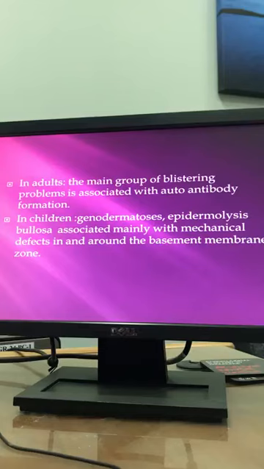So, if you were called to the antenatal or the neonatal unit, to a child or a neonate that has just been delivered or born, and you have been called by the on-call pediatrician asking you to come and see a neonate that is having blisters or erosions, because when you have an erosion, it means that it could be a flaccid blister or fragile blister that has ruptured and left only an erosion.